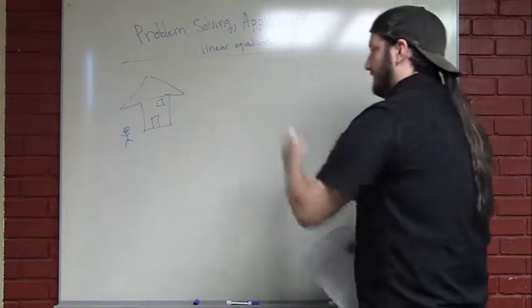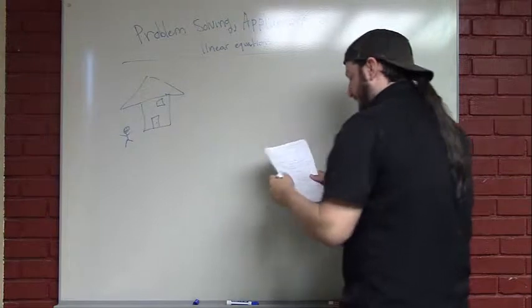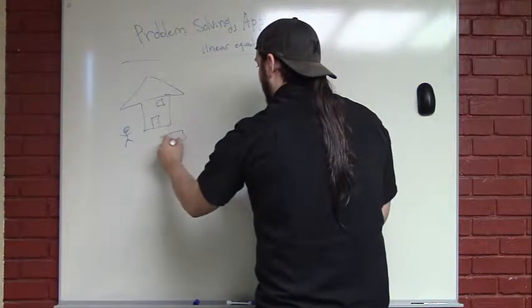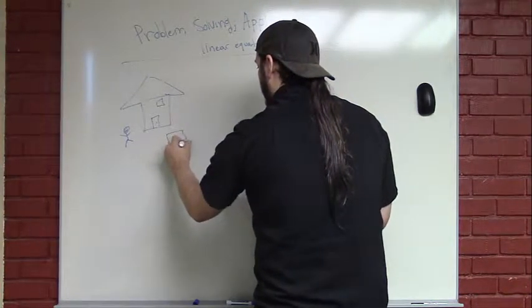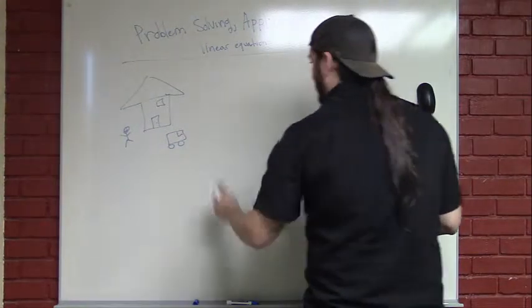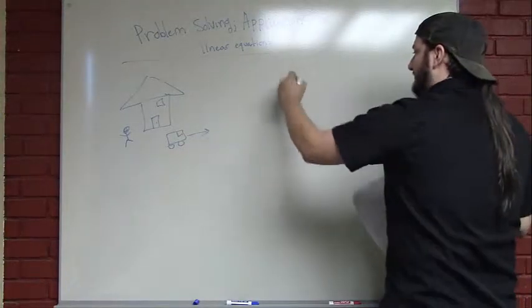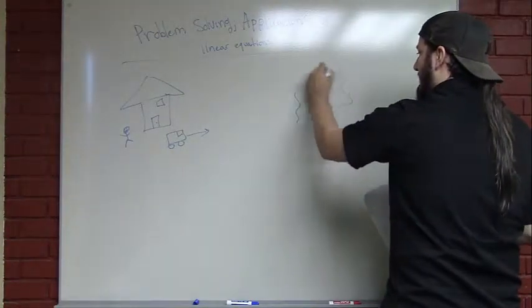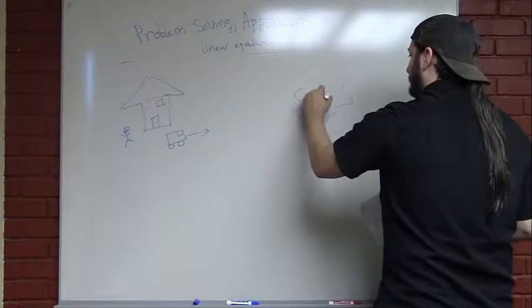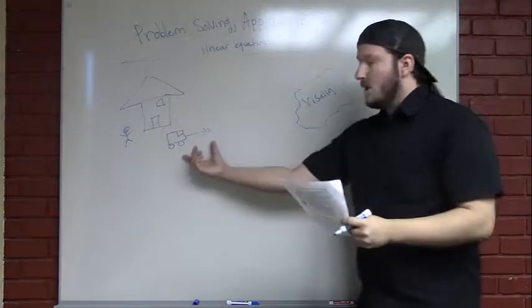So she gets in her car and she's gonna drive. This is her car, pretty successful. She has a box car. She goes this way to Visalia. Visalia is over here. I don't know what Visalia looks like. So this is Visalia. Okay?